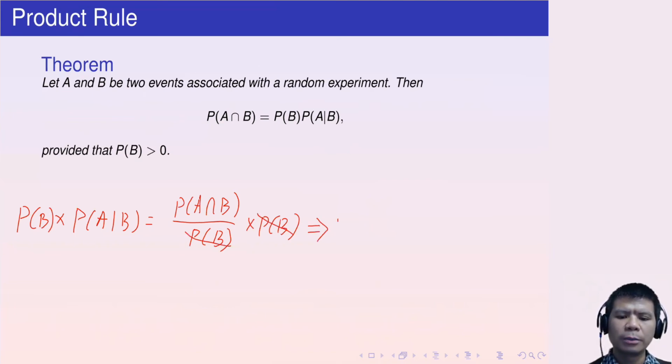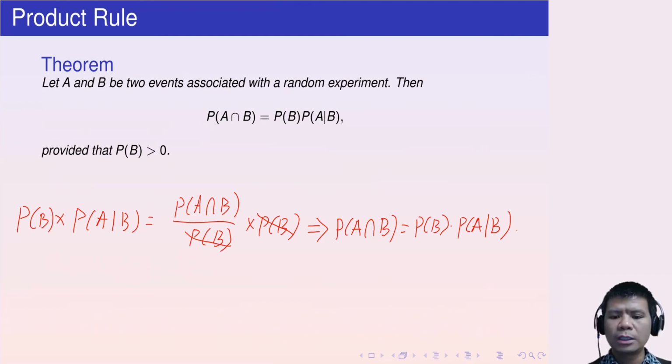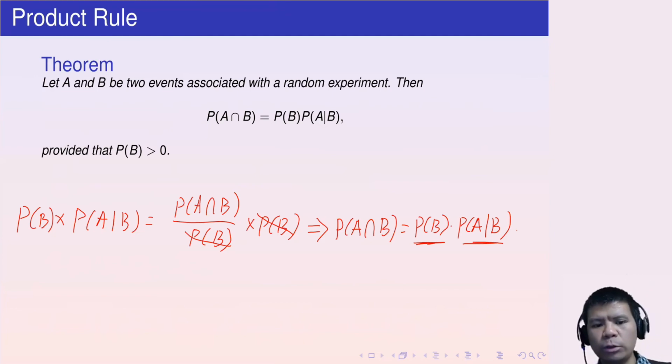So we get the probability of the intersection equals probability of B times probability of A given B. One thing you have to be really careful about: here B is the event that serves as a condition, so in the front should be the probability of B.